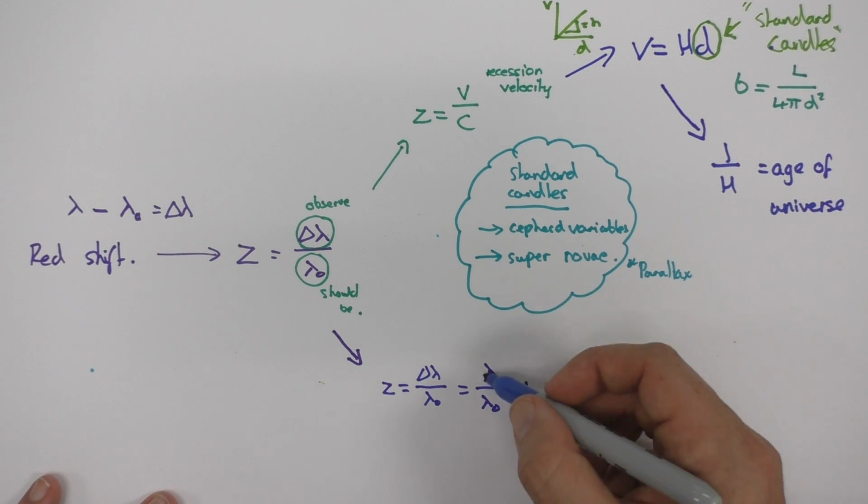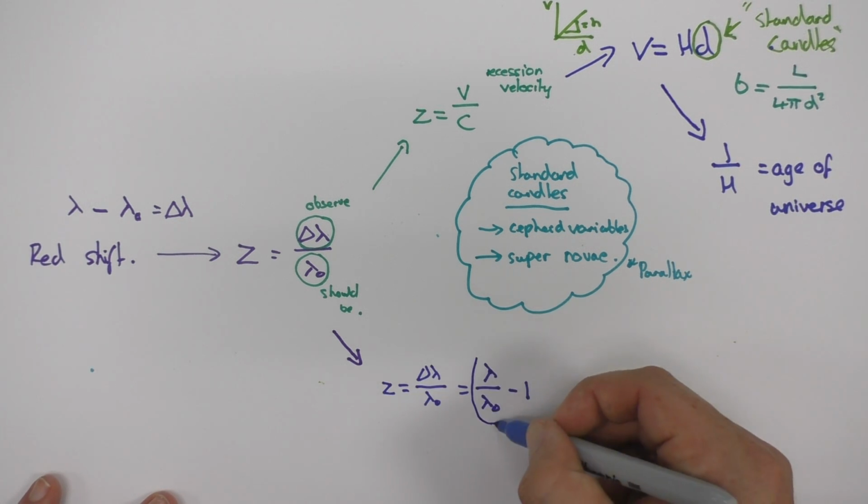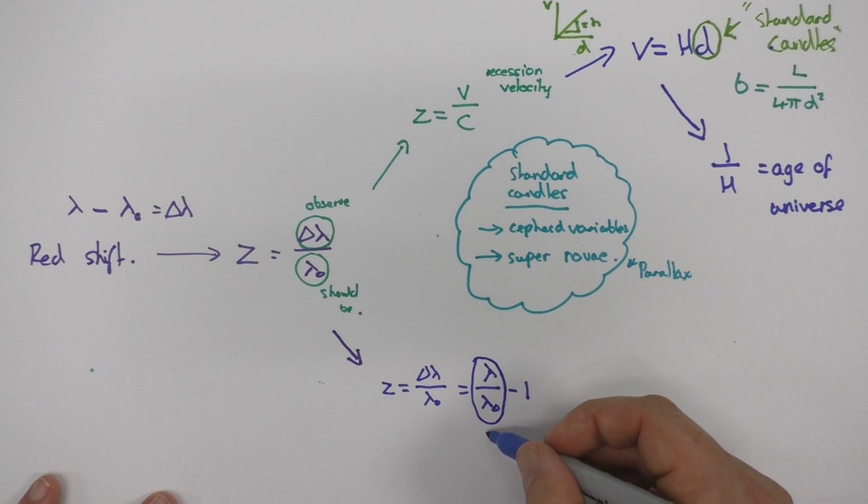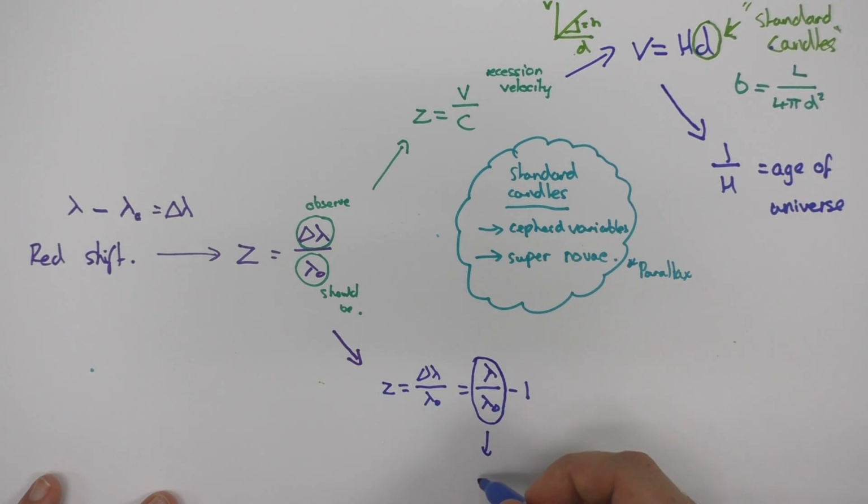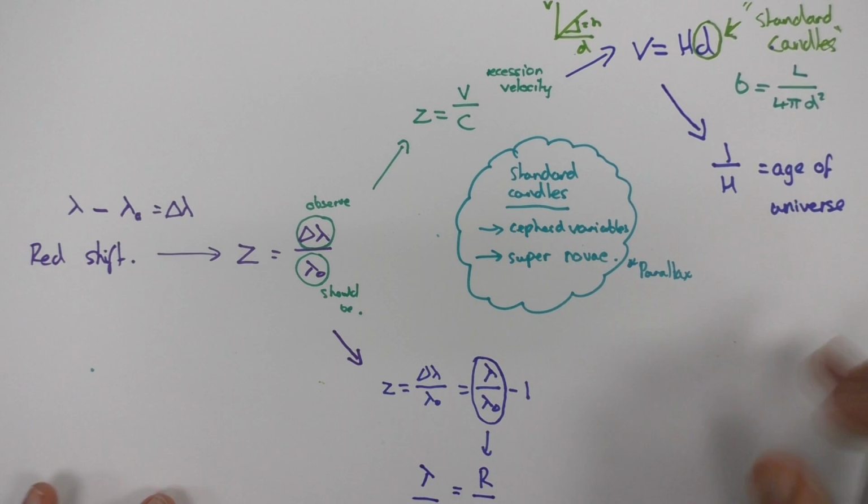And as a result, this fraction is a really interesting fraction, because it relates to the size of the universe. Yes, you heard me right, the size of the universe. Because what we introduce now is something called the cosmic scale factor. And the cosmic scale factor is just as you see here.